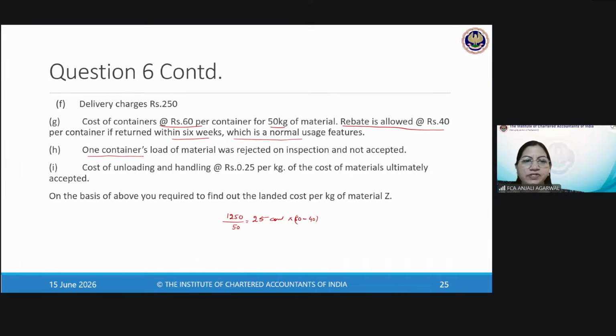One container was rejected on inspection, not accepted. So this means ultimately 1200 kgs of raw material is only that we have accepted. So number of containers would then be 24 into 20. And cost of unloading and handling is 0.25 per kg of the containers or material ultimately accepted.